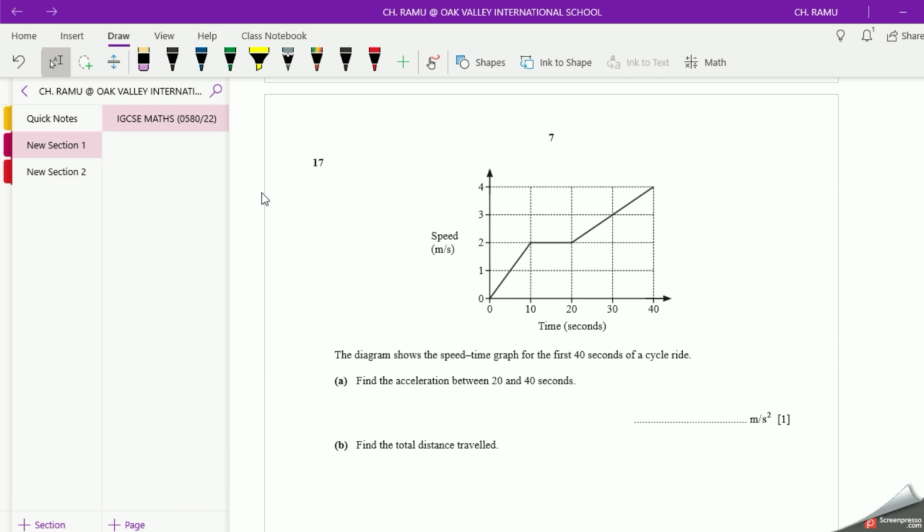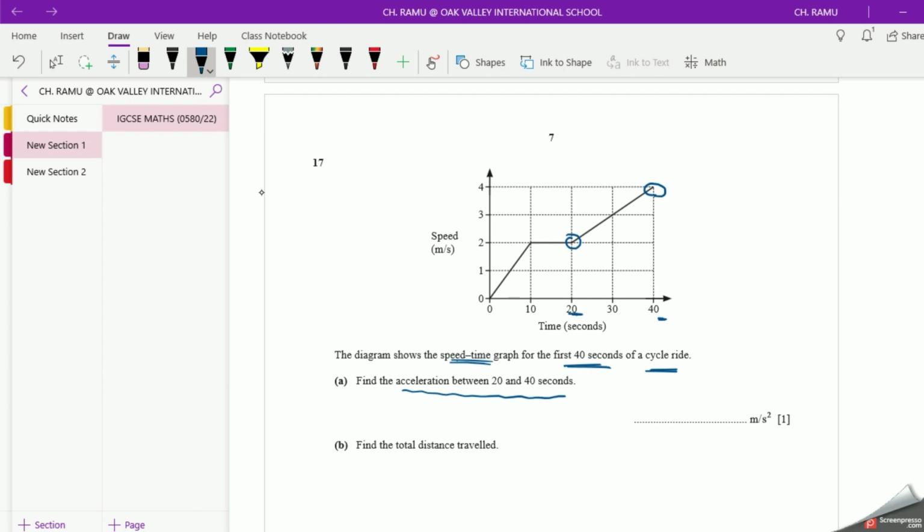Now question number 7. The diagram shows the speed and time graph for the first 40 seconds of a cycle ride. Find the acceleration between 20 seconds and 40 seconds. At 20 seconds the speed is 2 meters per second. At 40 it is 4 meters per second.